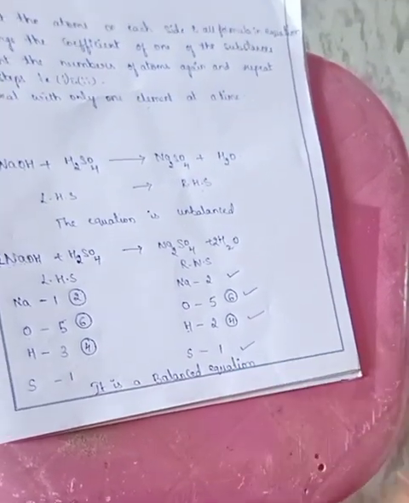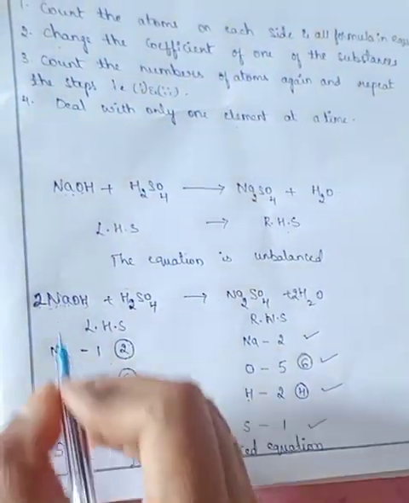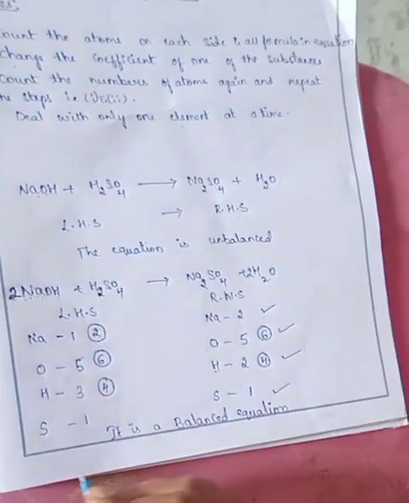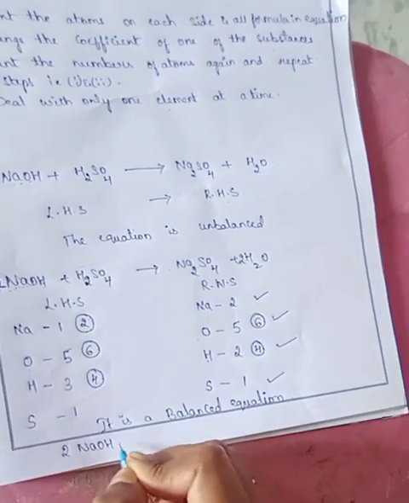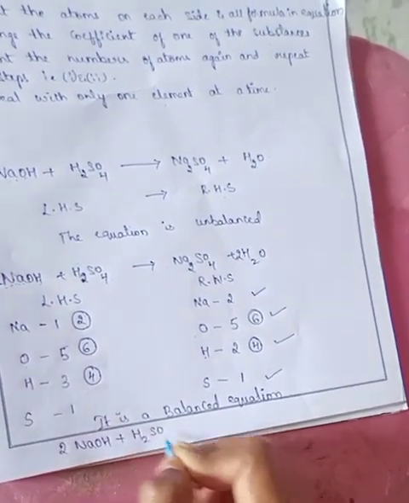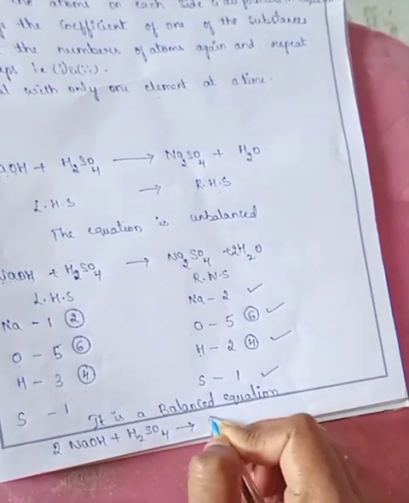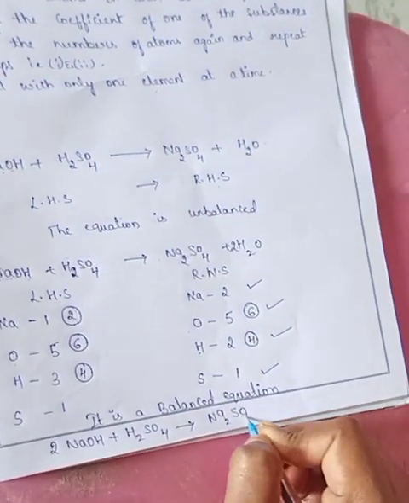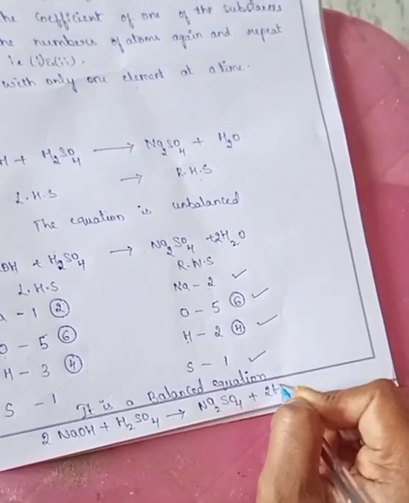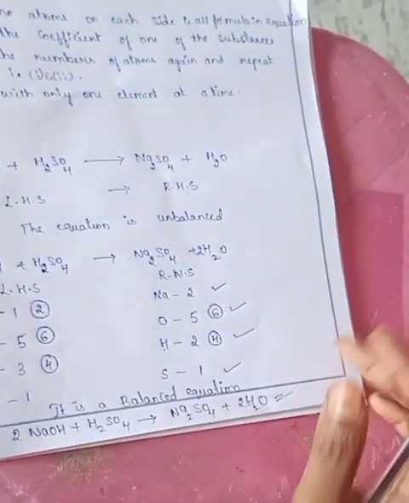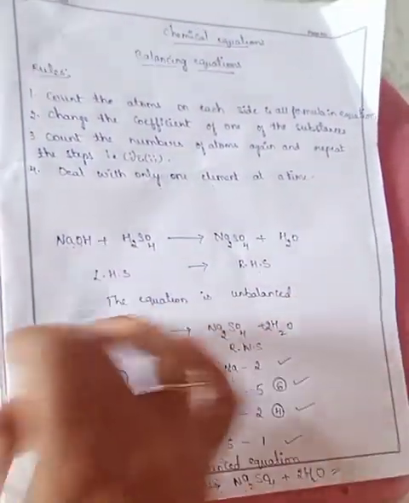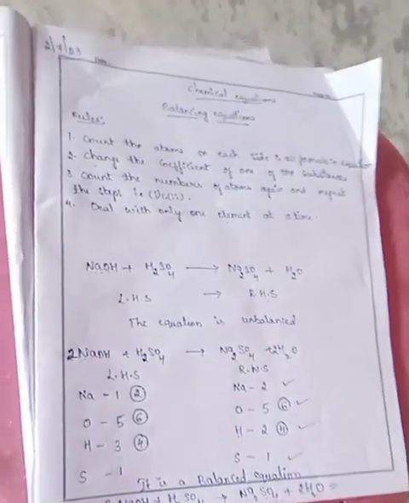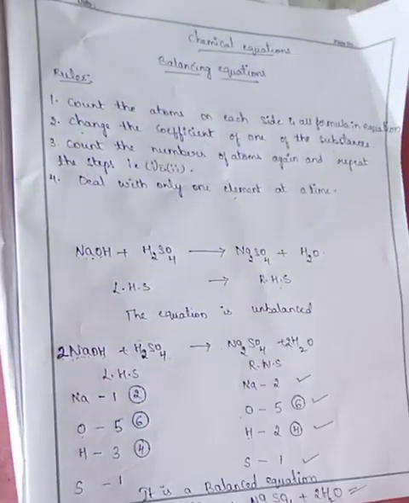After writing balanced, you have to write the total numbers after adding, like 2 NaOH plus H2SO4 gives Na2SO4 plus 2H2O. You can highlight this equation, or write it separately. If you want to check with the numbers, you can also.